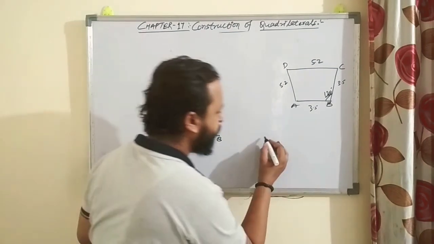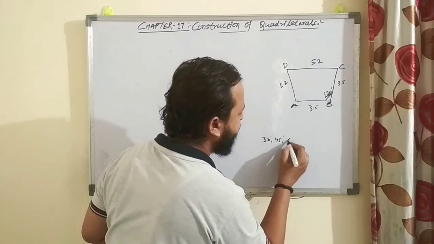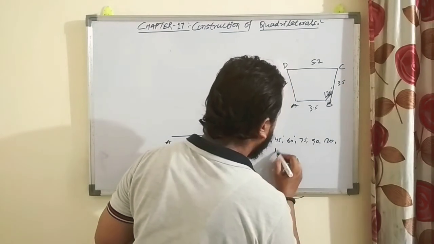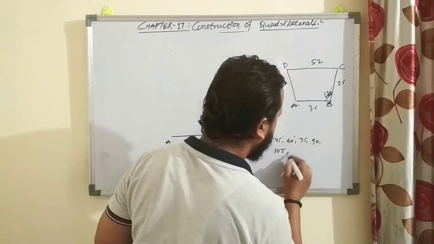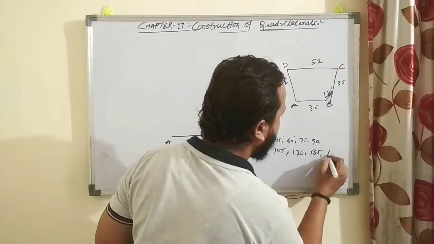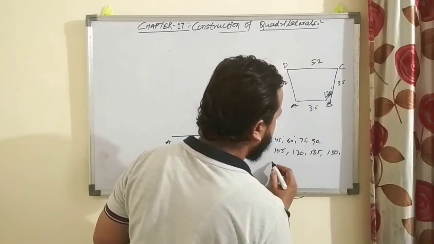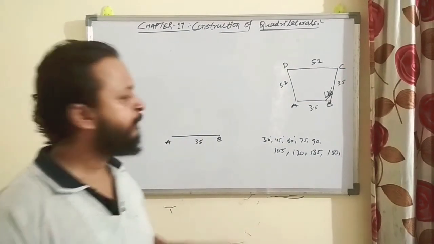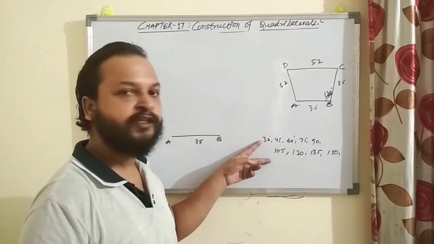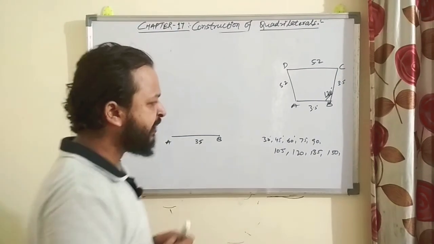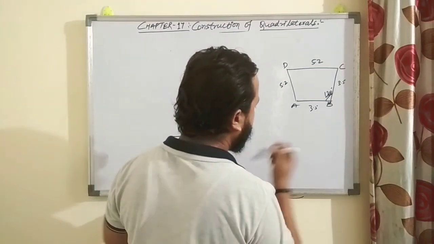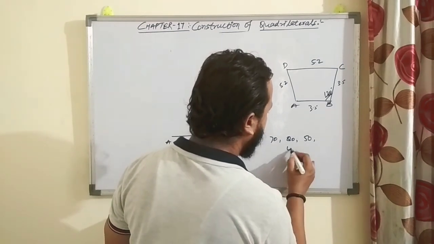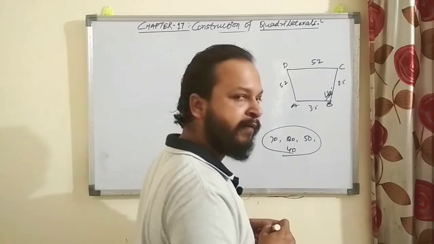Angles such as 30, 45, 60, 75, 90, 105, 120, 135, 150 degrees, if these types of angles come, you have to construct them by using the compass. Other angles like 70, 80, 50 or 40 degrees, you have to use the protractor.